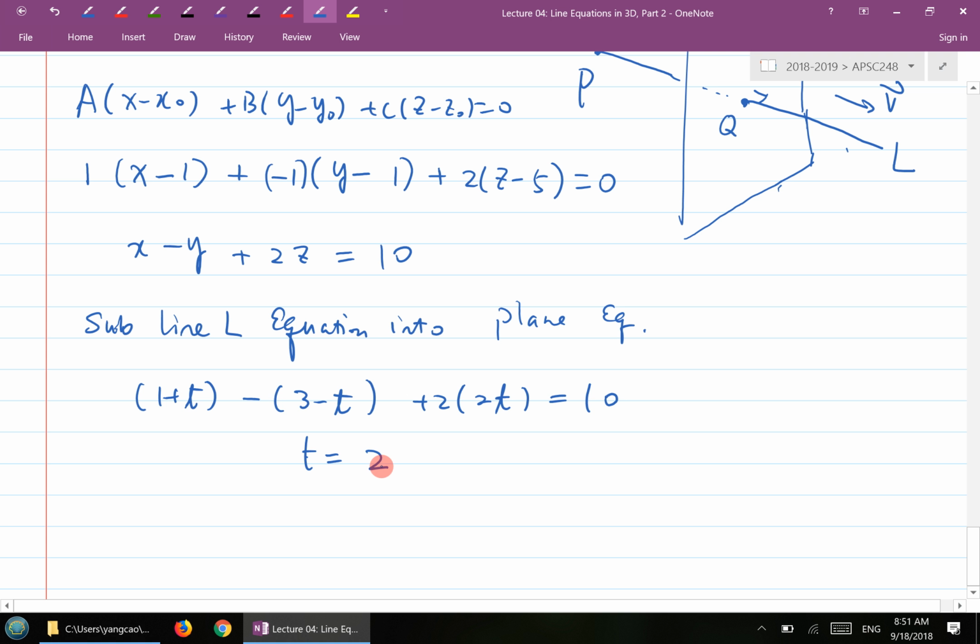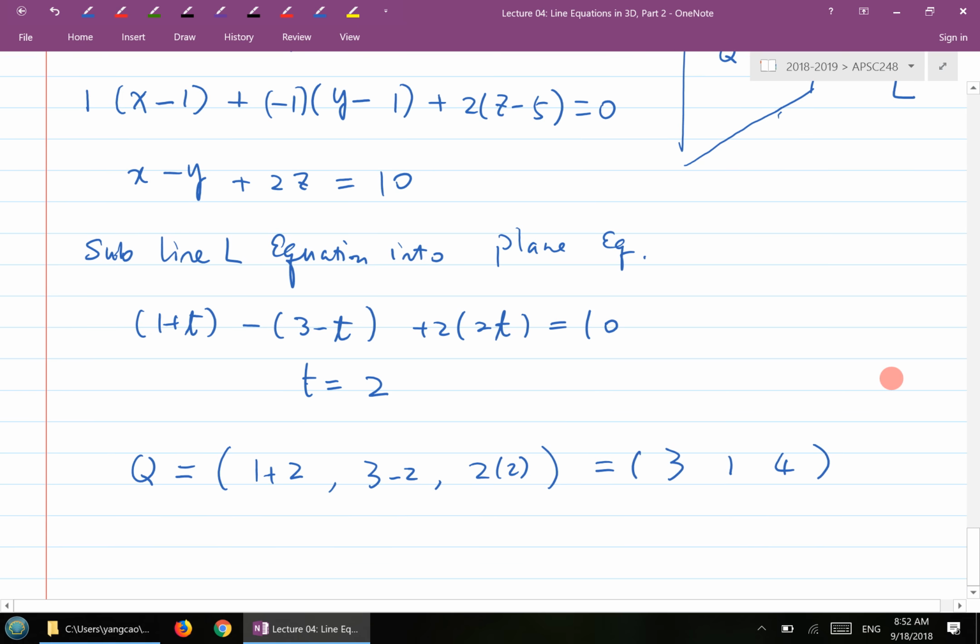Once you get the t, you substitute the t back into the line equation, which will give you the coordinates for Q. So the coordinates for Q equal 1 plus 2, 3 minus 2, and 2 times 2. So (3, 1, 4). Finally, create this QS vector, and then calculate the norm, and you get the shortest distance.